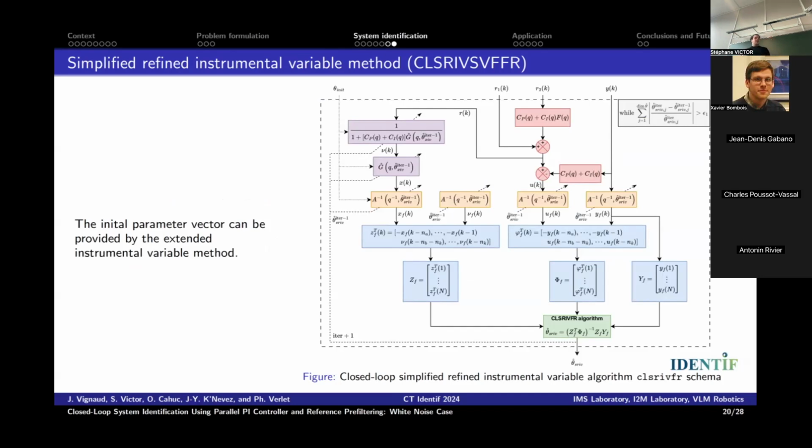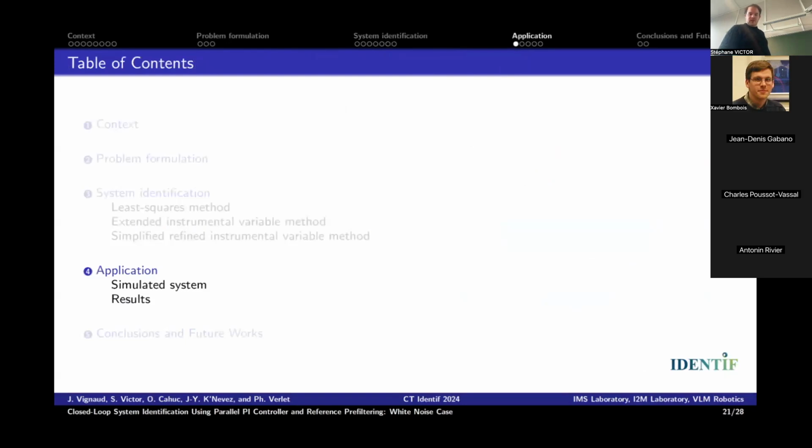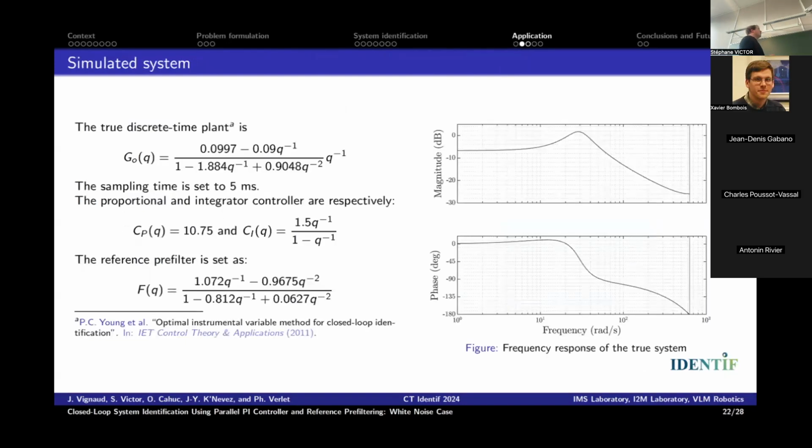The initial parameter vector can be chosen randomly, or we can use the parameter vector from the previous method too, with the IV method. And then I will talk about the application of all those methods.